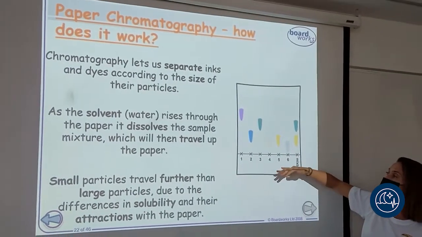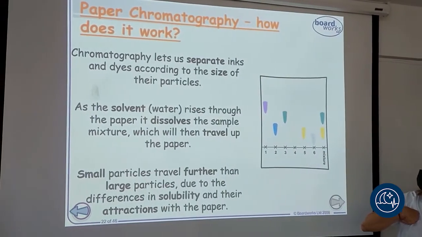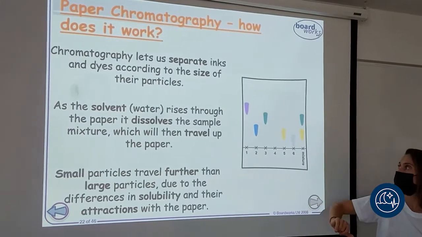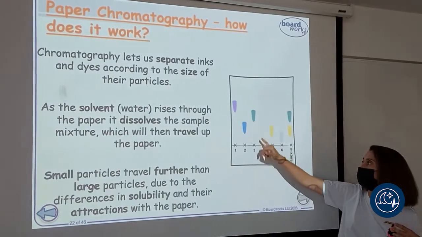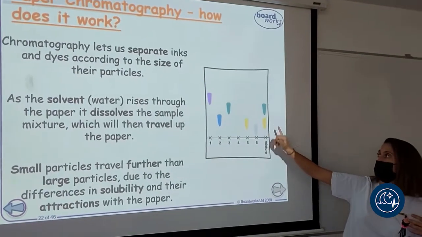So it depends on how far the substance goes. Every substance is different. So number 1 is different from number 2, and that's different from number 3, etc. Can you tell me what the mixture is made up of?